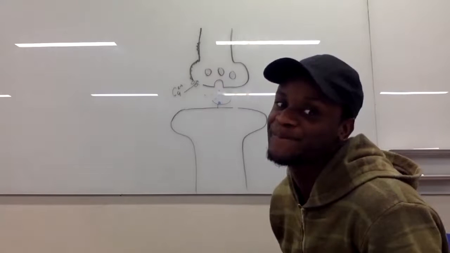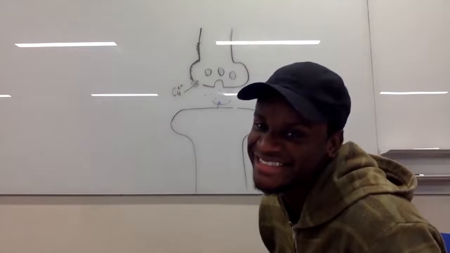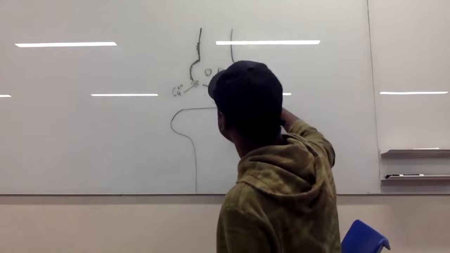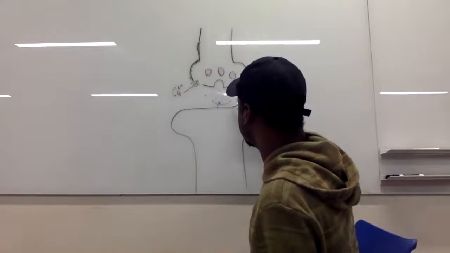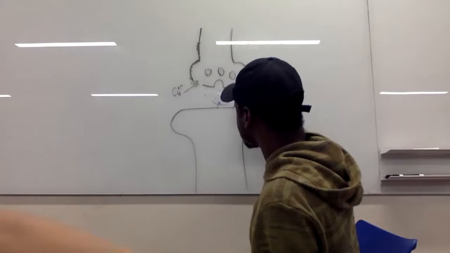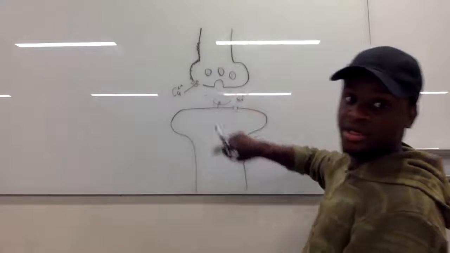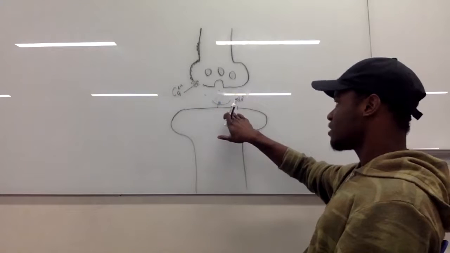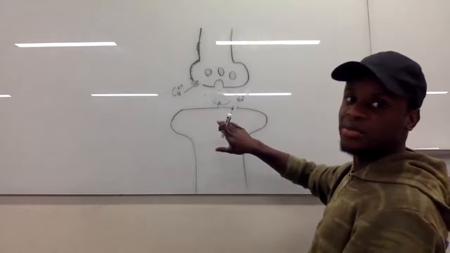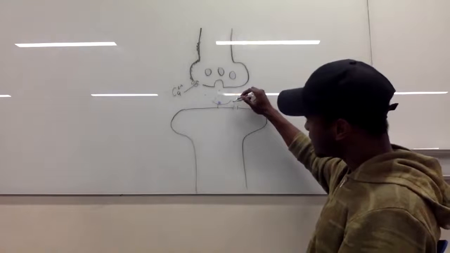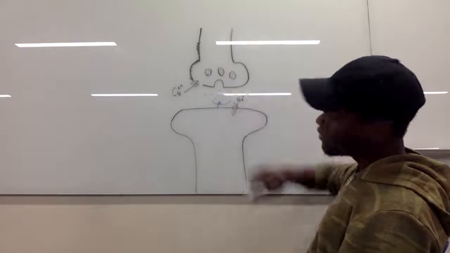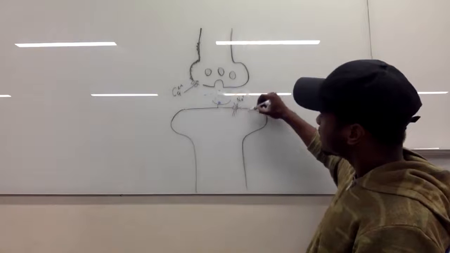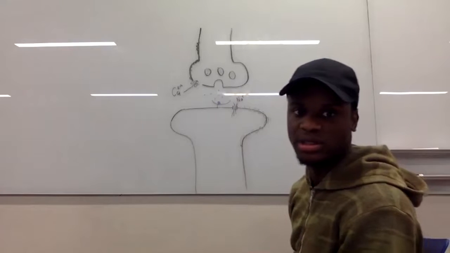Salty banana. You know exactly. Salt ions, or sodium ions. With the binding of the neurotransmitter to the postsynaptic receptor, it will open up sodium channels in the postsynaptic cell, which causes an influx of sodium, which then raises the membrane potential and causes another action potential to occur.